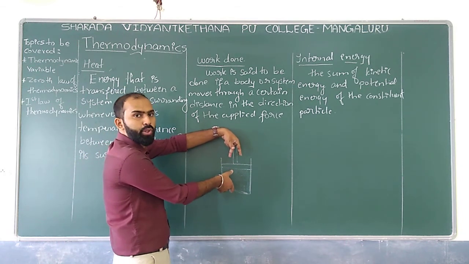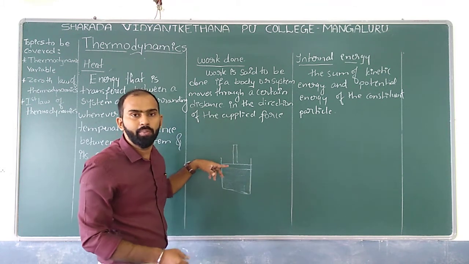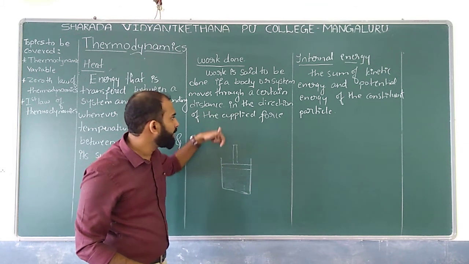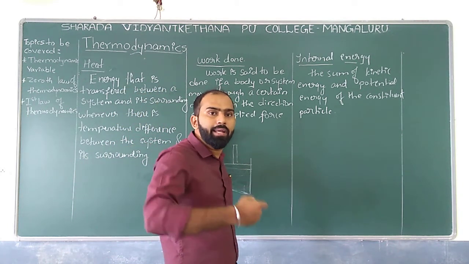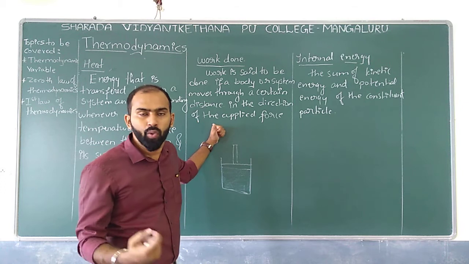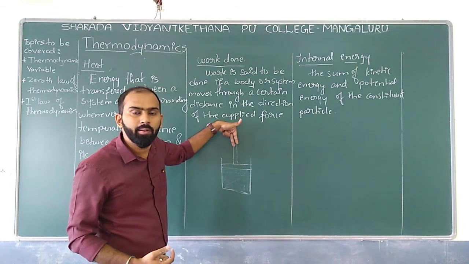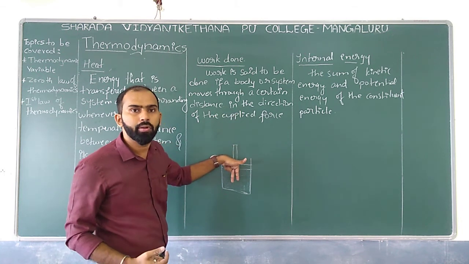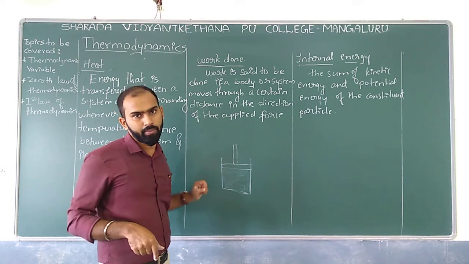If the system is going to lose energy, in the sense what? Don't you think a decrease in volume will take place? Obviously, whenever I speak in terms of work done, we are interrelating it with volume. So whenever there is a decrease in volume, what happens? This piston moves downward over here. So obviously, what happens? Decrease in work done will take place.